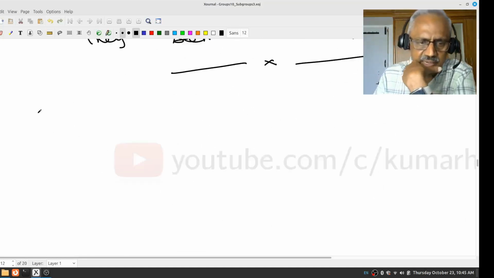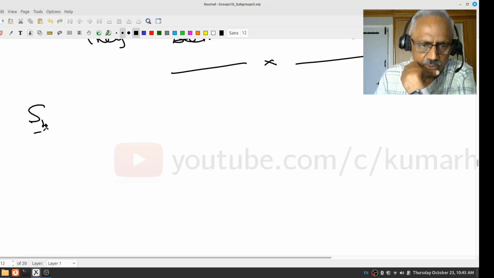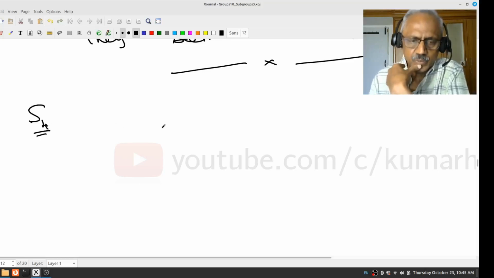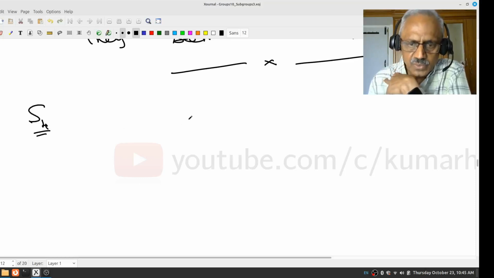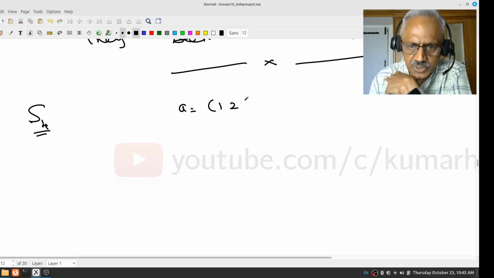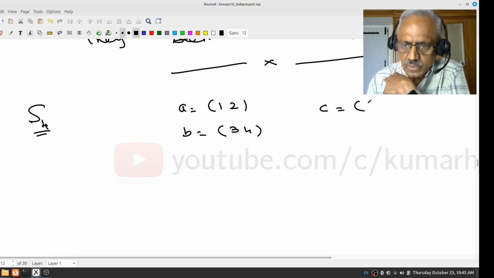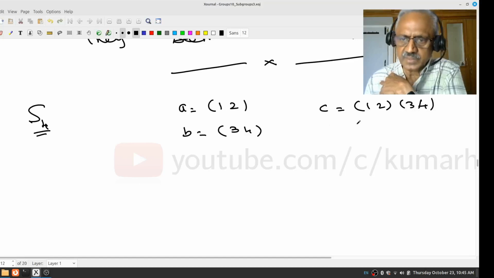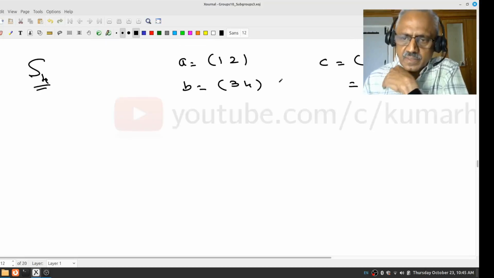Now let's look at S4. In that I want to find a subgroup. Let A equal the transposition (1 2), B equal the transposition (3 4), and C equal the product AB.